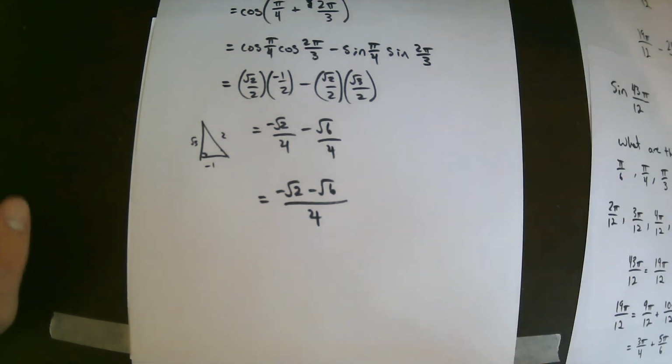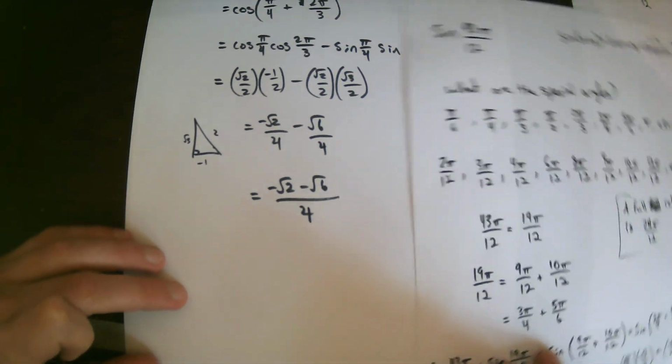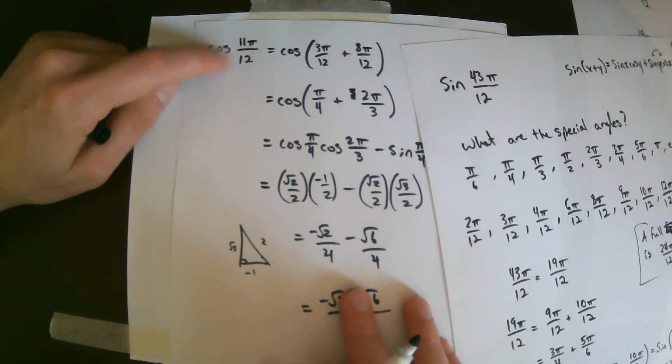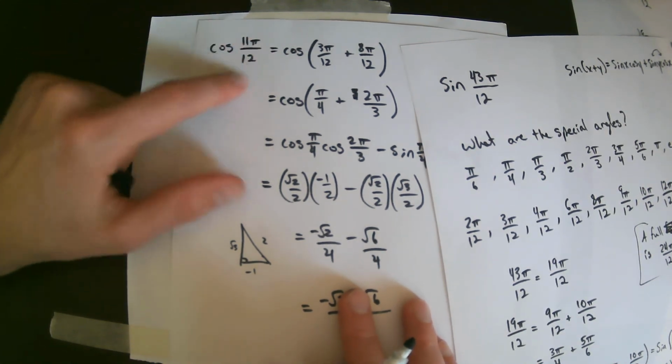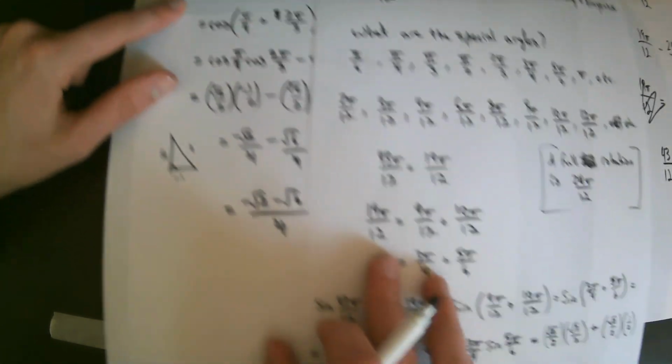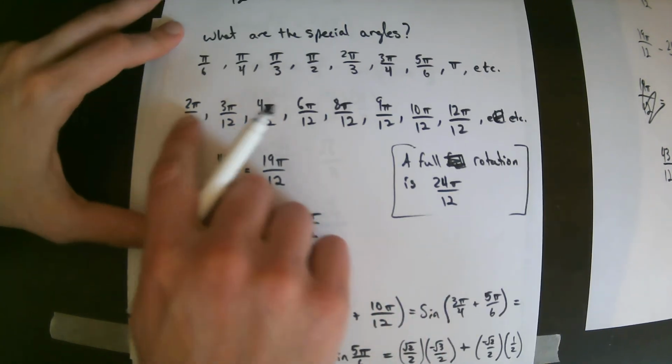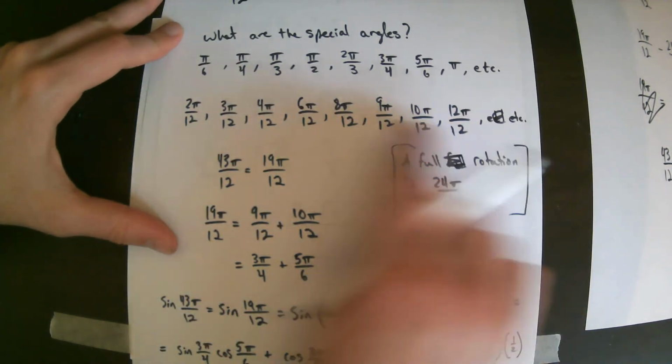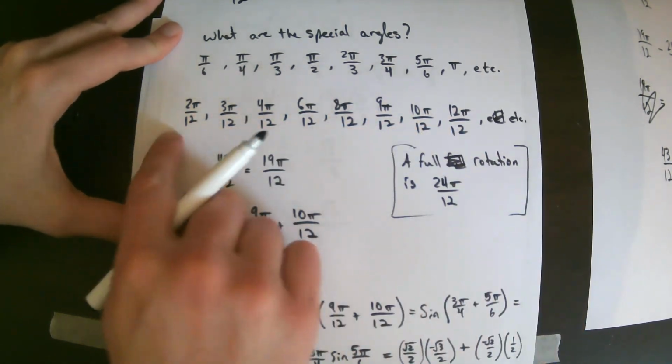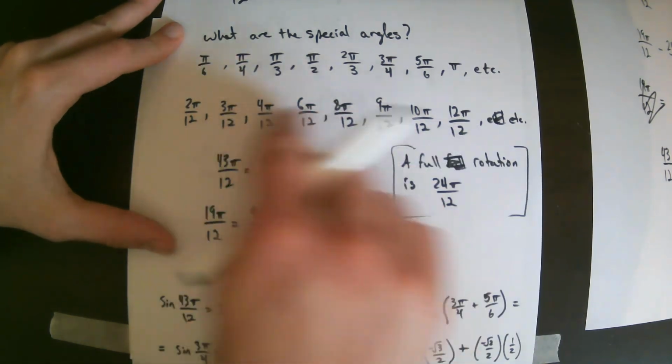So the thing that is most helpful is if you're dealing with some unknown angle with some denominator, write your special angles in terms of that denominator. That's why these are all in terms of 12. It just makes it easier to pick them out.